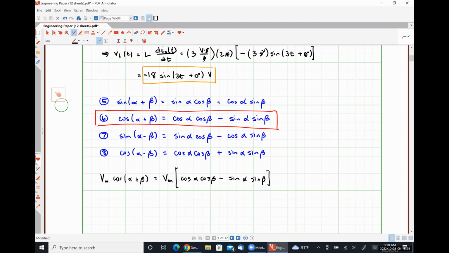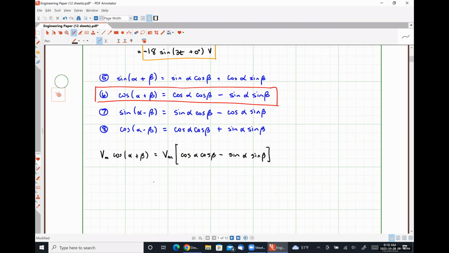Effectively, I'm just multiplying both sides of that identity by my magnitude. Nothing remotely wrong with that because I've done it to both sides. I'm going to distribute it out a little bit here. So I'm going to have Vm cosine alpha cosine beta minus Vm sine alpha sine beta.